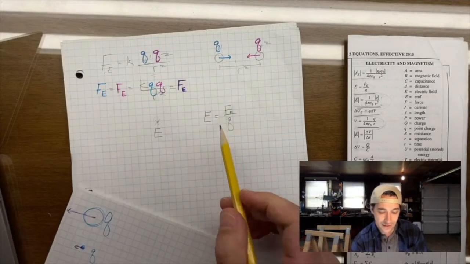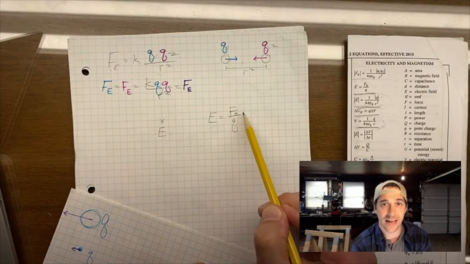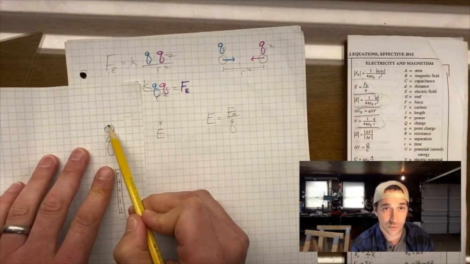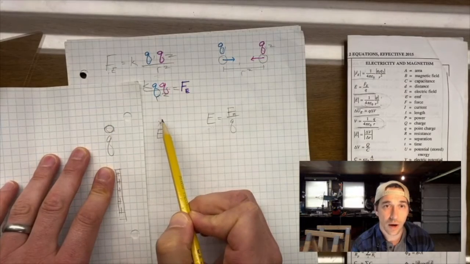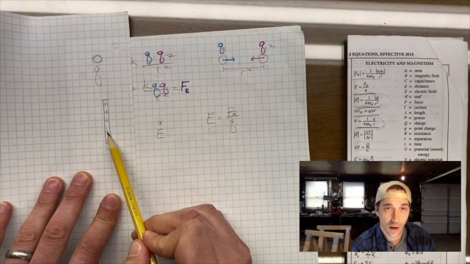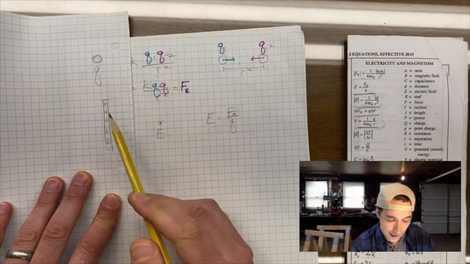When we're talking about this electric field strength, we have no idea what's causing that force. It could be anything. It could be an individual charge pushing on another charge. It could be a whole row of charges, or a positively charged plate, or anything like that.